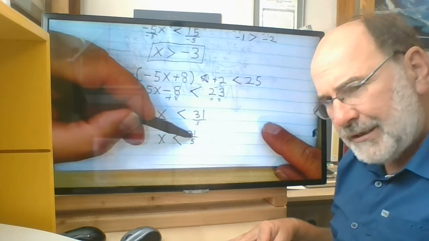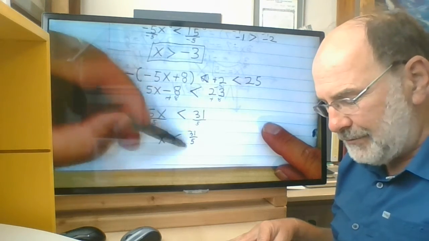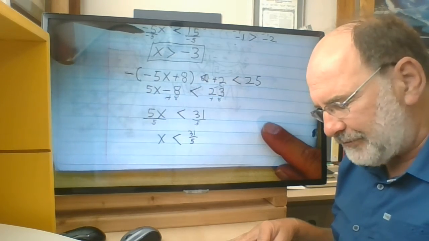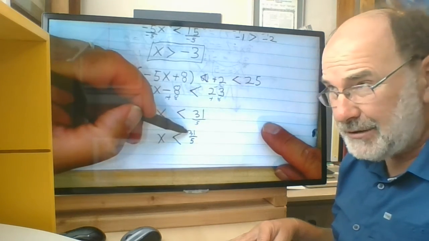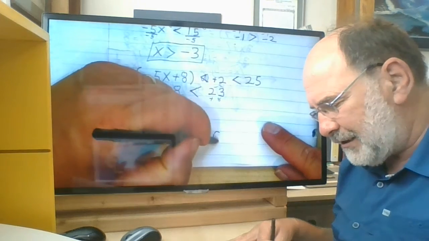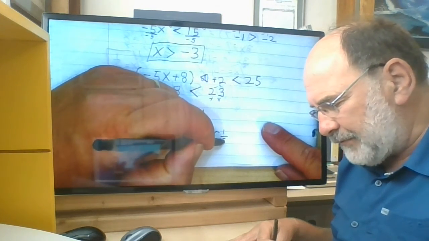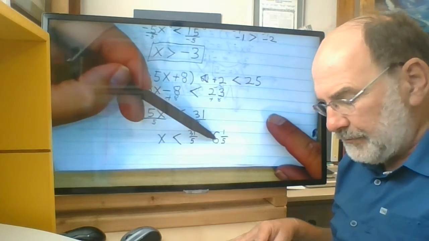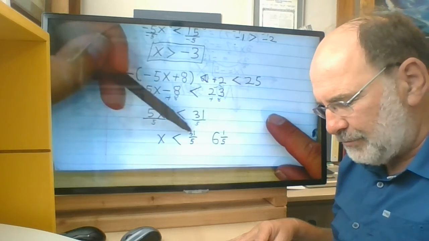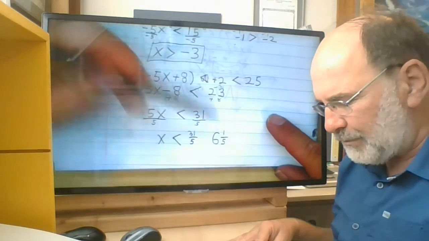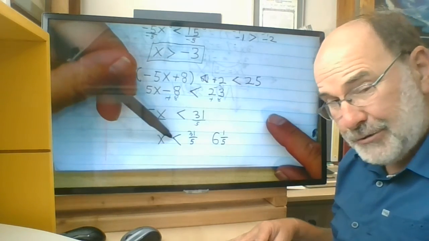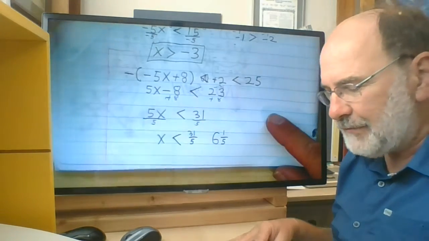If you like, you can express this as an improper fraction, and that is equivalent to taking 30, dividing it by 5, which is 6, and having 1/5 left over. So 6 times 5 is 30, plus 1 is 31. So 31/5 is equivalent to 6 1/5. X is strictly less than 6 1/5.